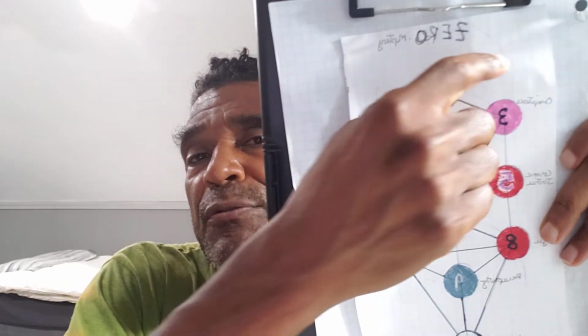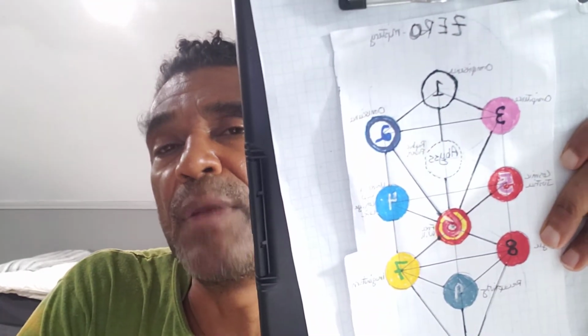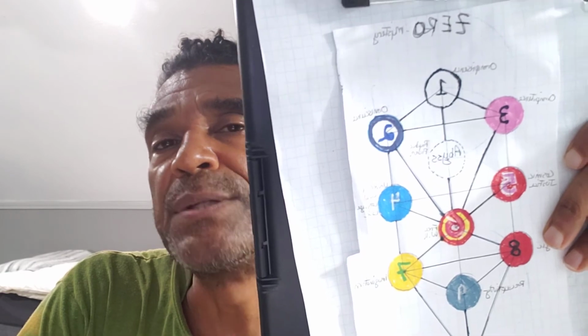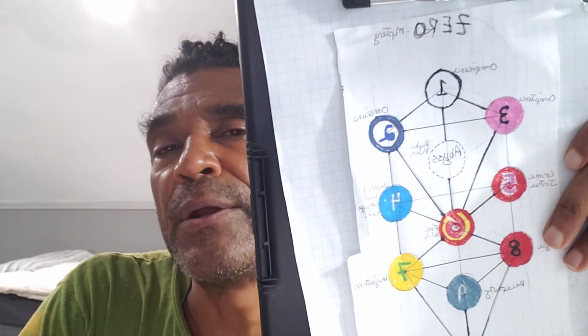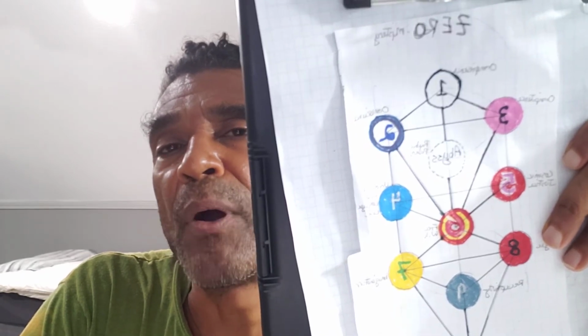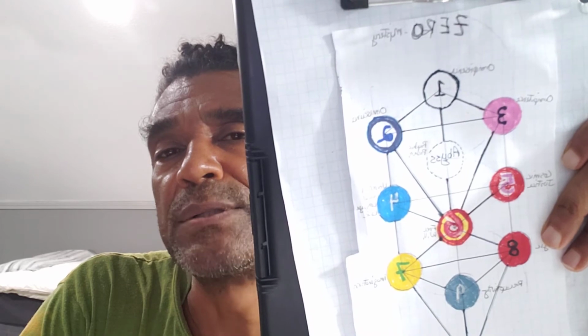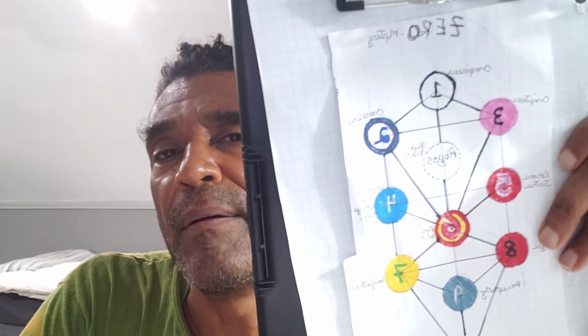And then the zero sphere is above the tree, and the zero sphere represents nothingness and a mystery. And it also represents the part of the creator that is not part of the universe. So you can think of it kind of as the rules of the game.